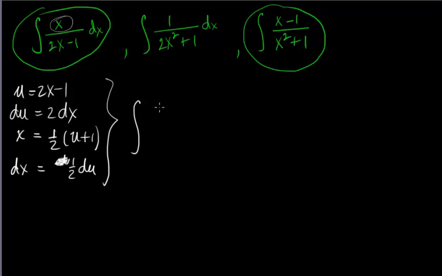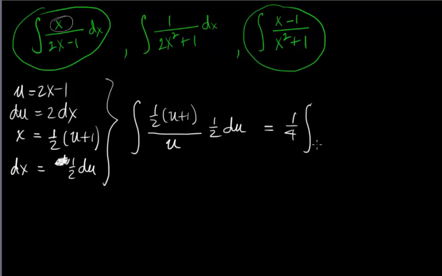Now I use those to write this integral in terms of u. 1/2 times u plus 1 is x, 2x minus 1 is u, and dx is 1/2 du. Now, of course, I'll pull both factors of 1/2 out, and I have 1/4 times the integral of u plus 1 over u, which is, now I split using the numerator.